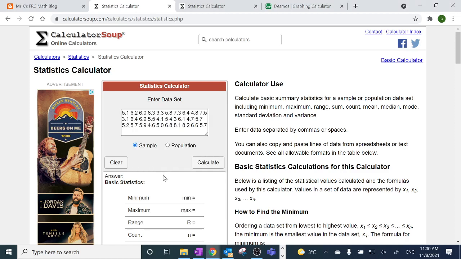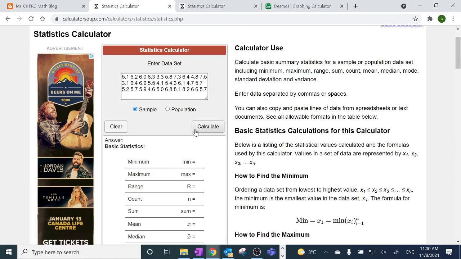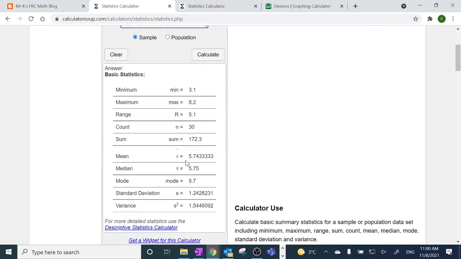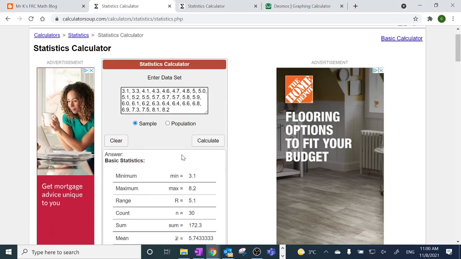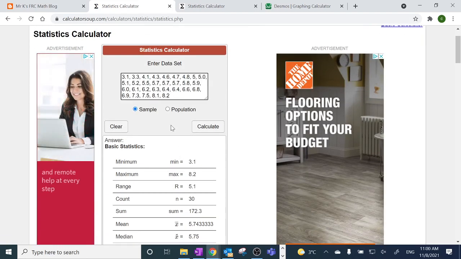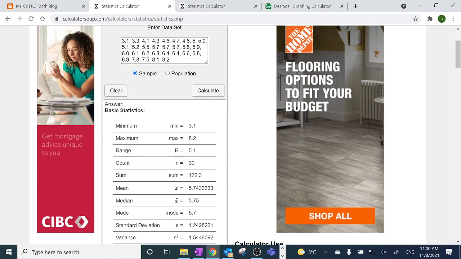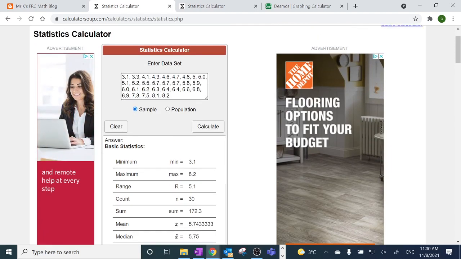Then hit calculate, and it'll give you all of the data that you want. Remember, and this surprised us on Friday, it also organizes the data from smallest to biggest for us, so if we needed to find the mode ourselves, or just wanted to see the data in order, we could.